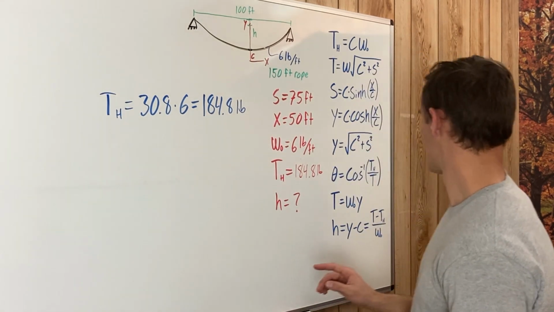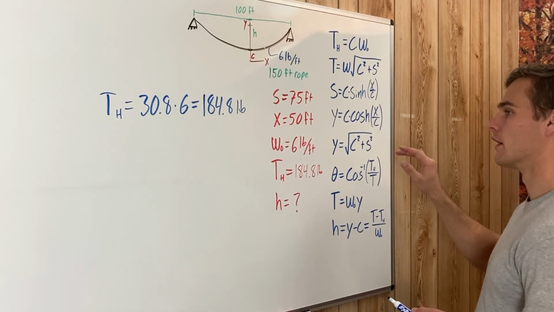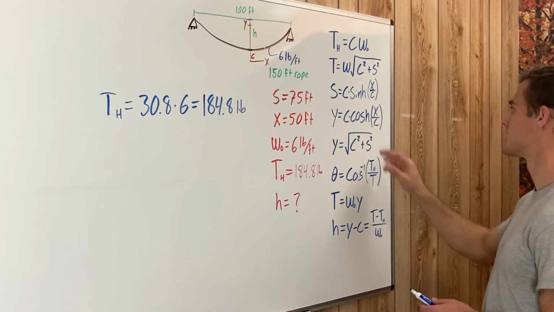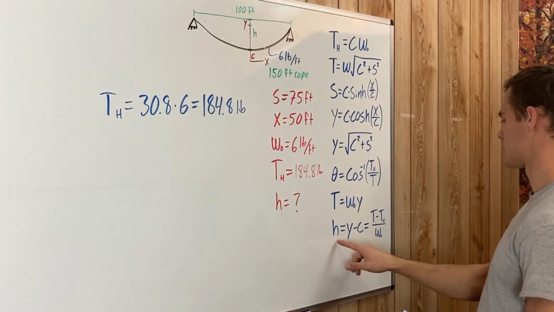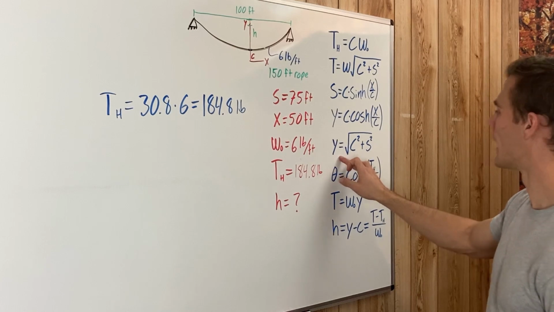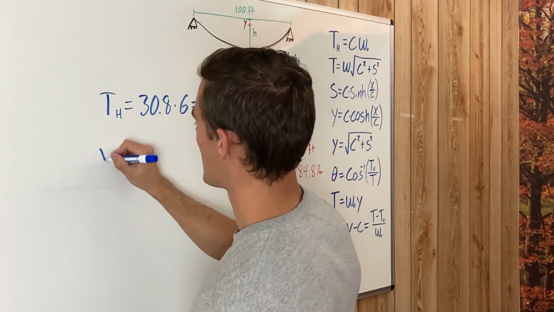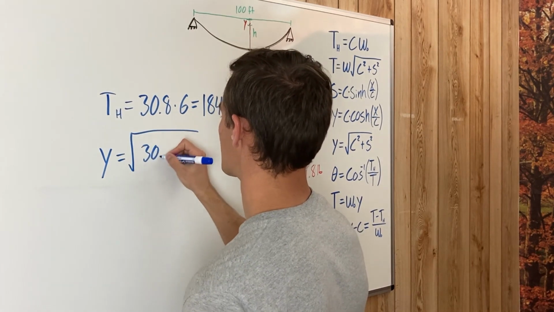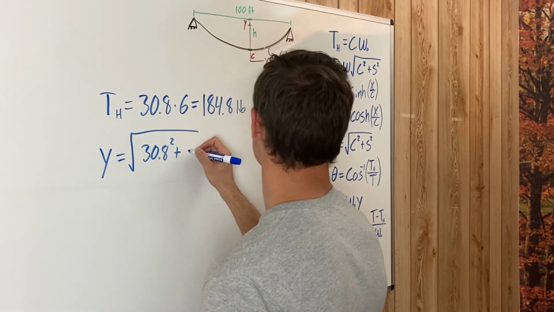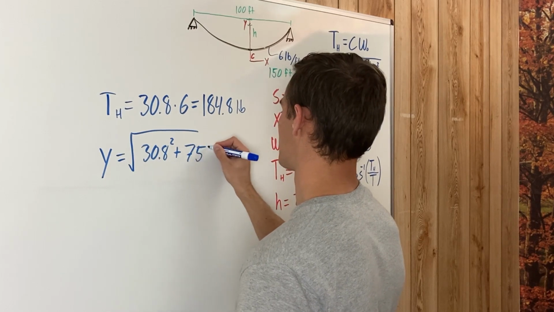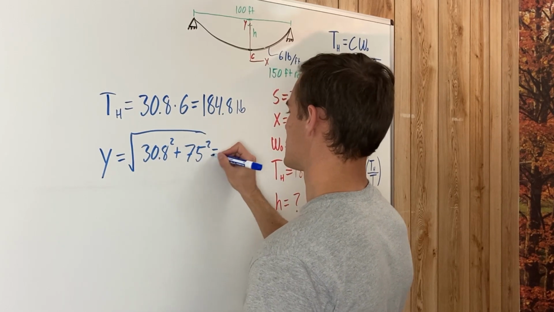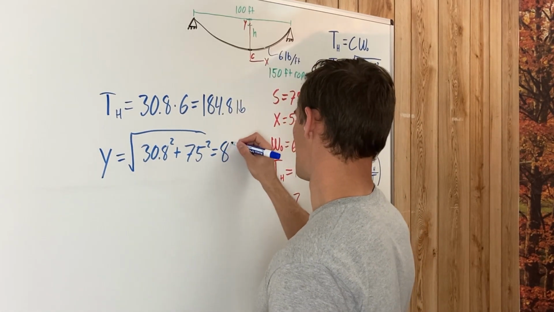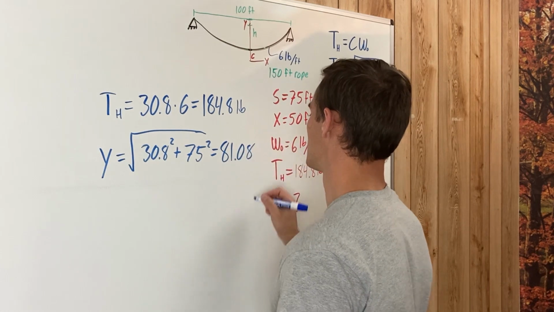Knowing that doesn't help us solve for anything else unless we were to use this equation to find the tension and then solve for H. But I'm going to use Y, knowing that Y equals the square root of C squared plus S squared, so that's the square root of 30.8 squared plus 75 squared, and that equals 81.08.